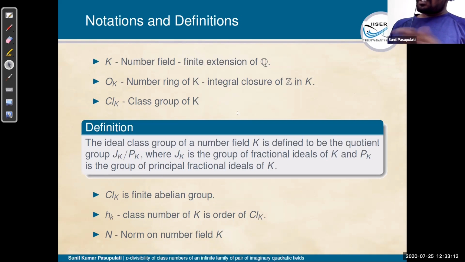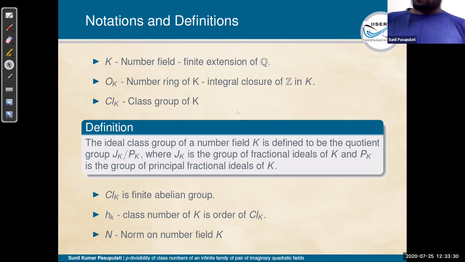You consider the quotient. This quotient is the class group of the number field K, and it is a well celebrated result that the class group is a finite abelian group, and the order of this class group is defined to be the class number of K.